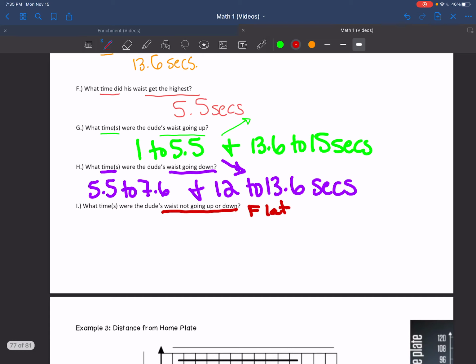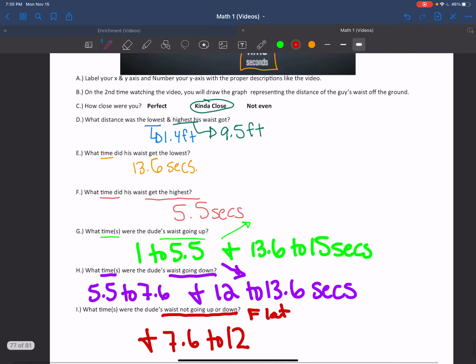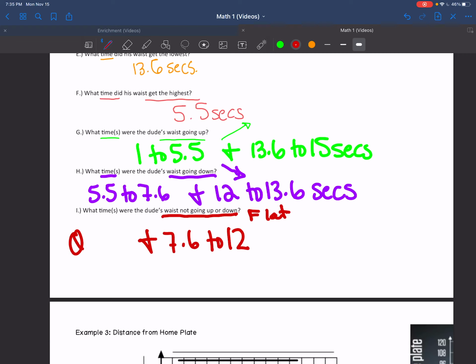So we have 7.6 to 12. But earlier in the graph, his waist stayed at the same height from 0 to 1 seconds. So there were 2 times on our graph where it was flat, where he wasn't going up or down.